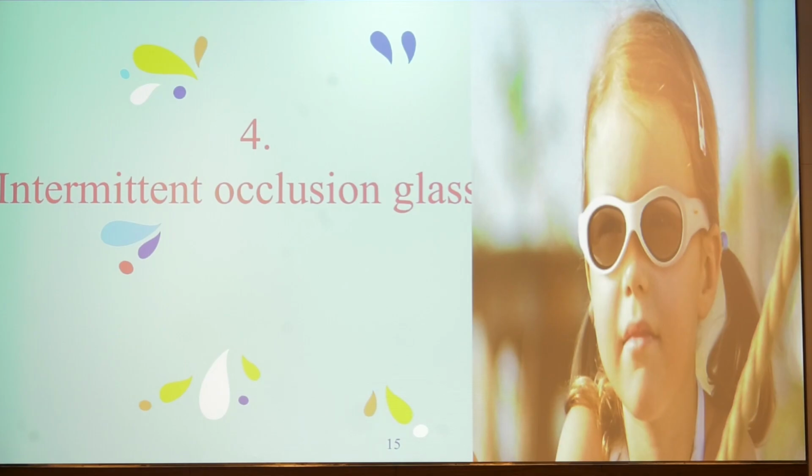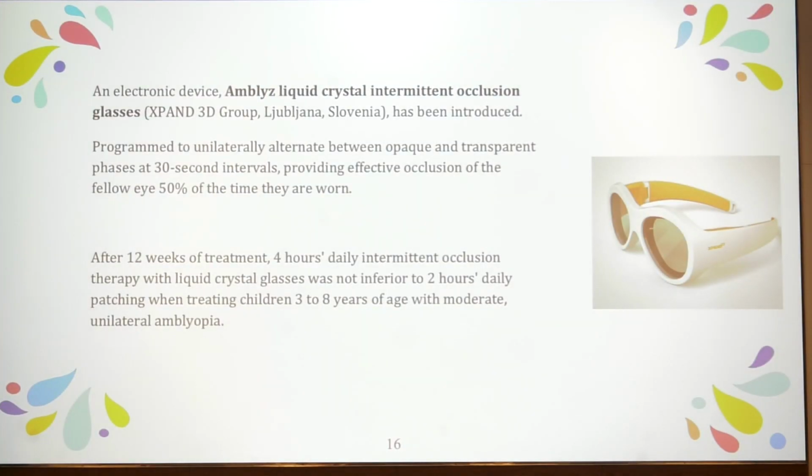Intermittent occlusion glasses have newly come into the picture. An electronic device by the name of Amblyz liquid crystal intermittent occlusion glasses by the PEDIG group has been introduced. They are currently being used in the US and not available in India, programmed to unilaterally alternate between opaque and transparent phases at 30-second intervals.